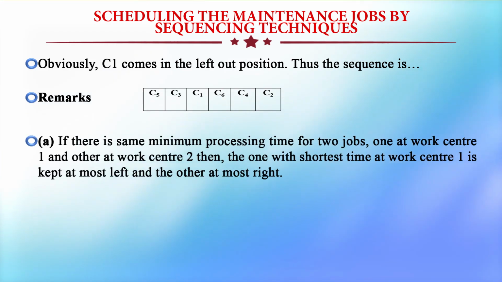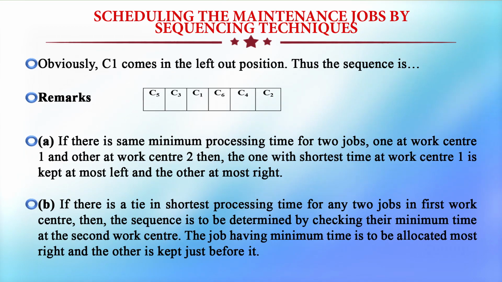If there is the same minimum processing time for 2 jobs, one at work center 1 and the other at work center 2, then the one at work center 1 is kept at the most left and the other at the most right. If there is a tie in the shortest processing time for any 2 jobs in the first work center, then the sequence is determined by checking their time at the second work center. The job having the minimum time is allocated most right and the other is kept just before it.